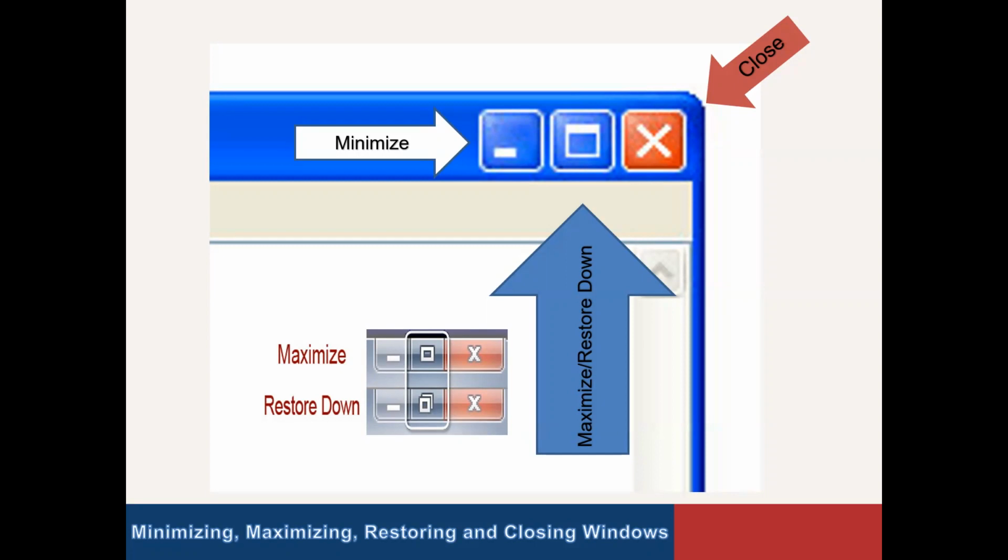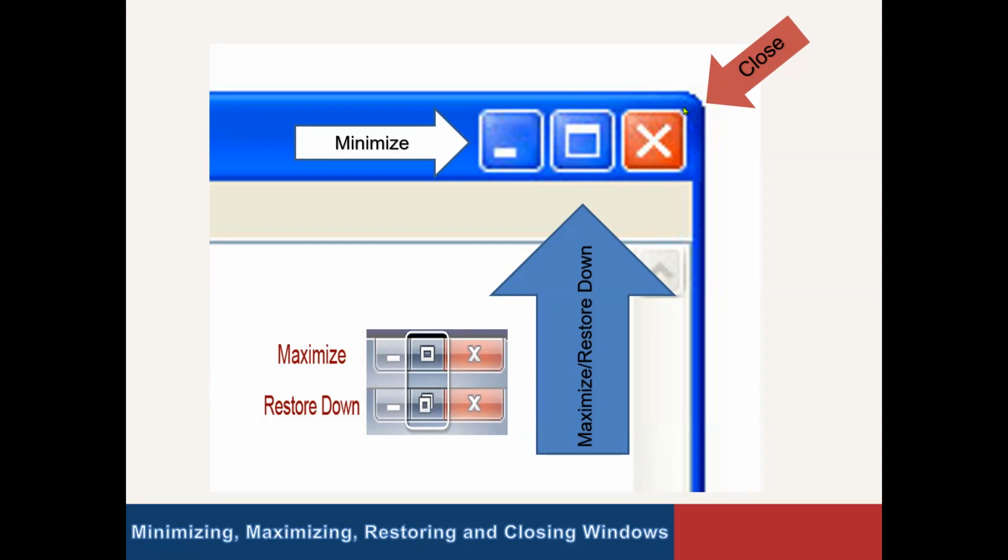If your window is in that smaller size already, you're going to see your middle button be just one big square to maximize it. So the middle button does change based on the current status of the window. And then the X will close it out.